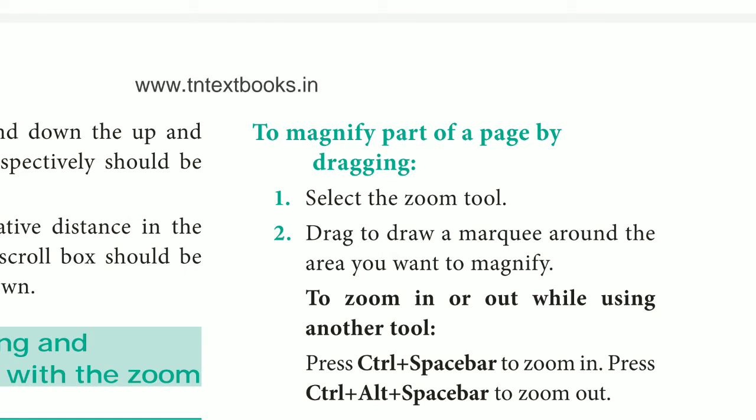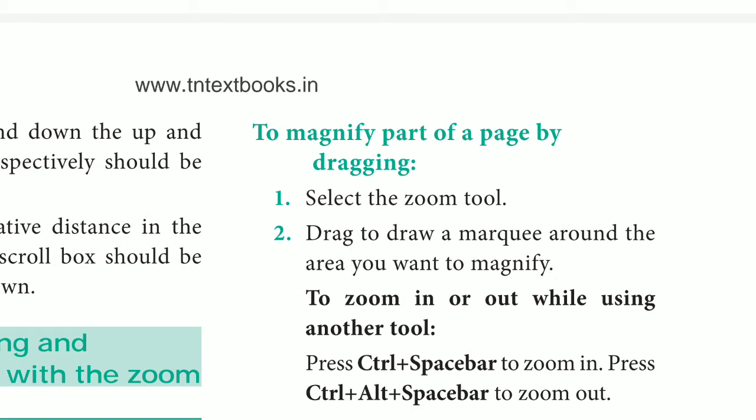First of all, you have to select the zoom tool, and then click and drag to draw a marquee around the area you want to magnify. So you have to select the area just by clicking and dragging with the zoom tool.